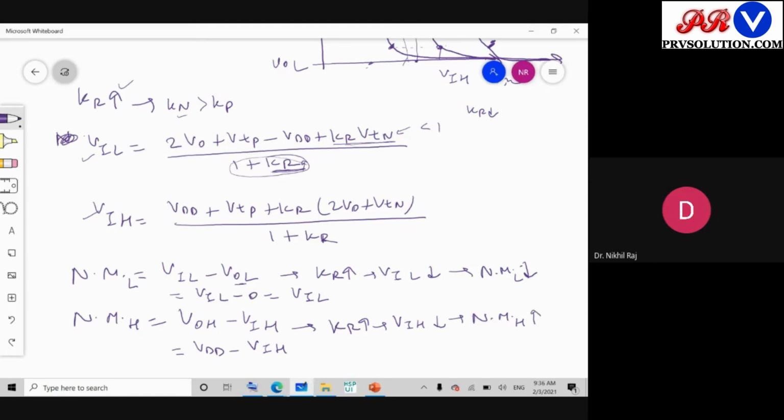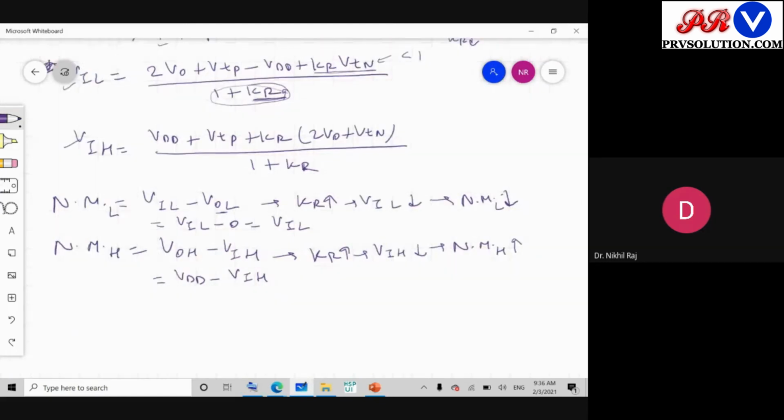It will increase. Okay, so depending upon the transmission, if you are transmitting there is more chance that my logic 1 gets disturbed, because logic 0 means no information, but logic 1 means there is certain information. And when we are transmitting, if logic 1 is disturbed, the message cannot be recovered. So in that case we need a high NMH.